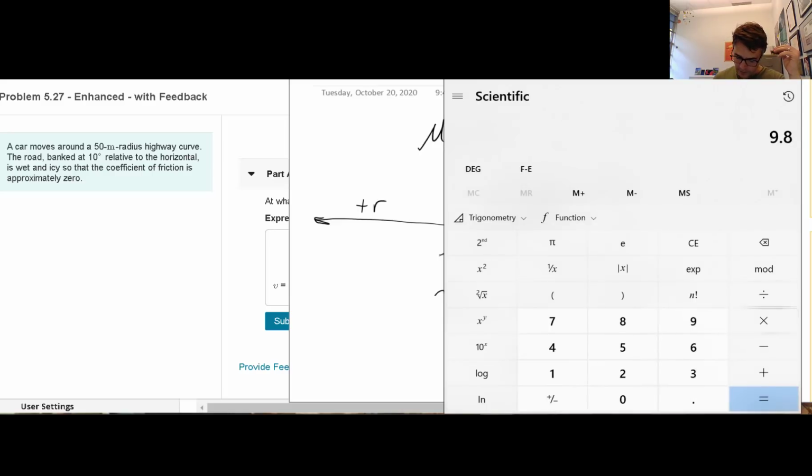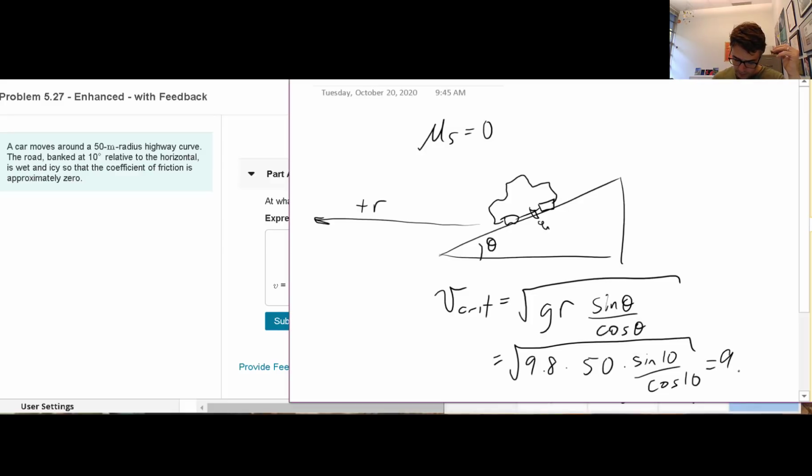9.8 times 50 times 10 sine divided by 10 cosine equals, and then square root, 9.295 meters per second.